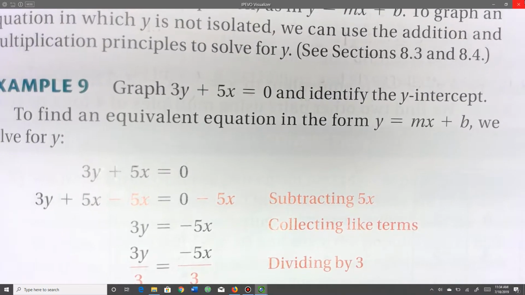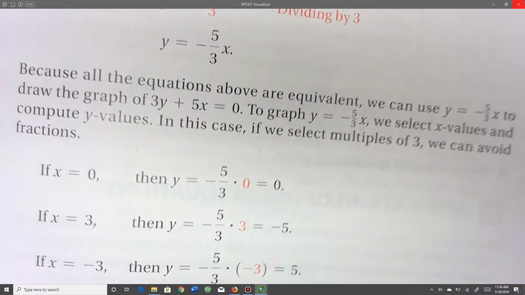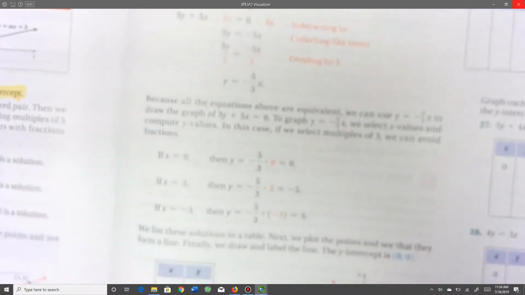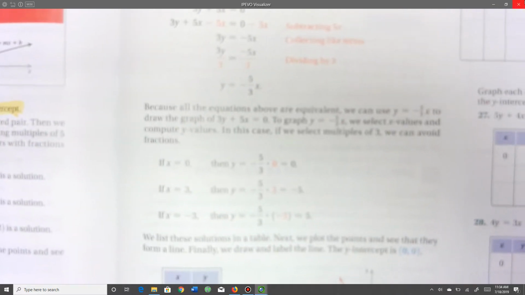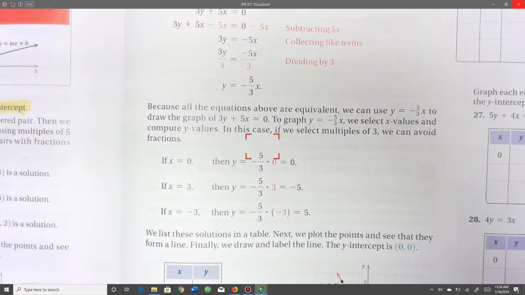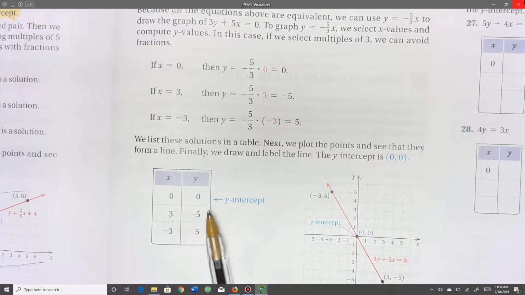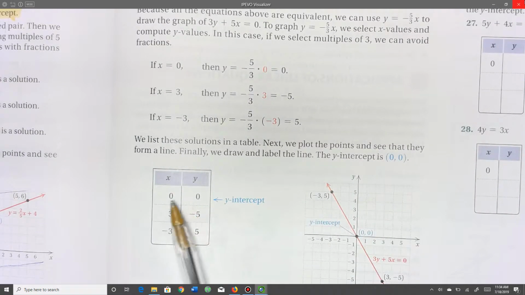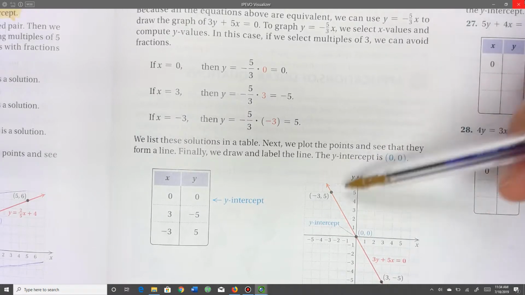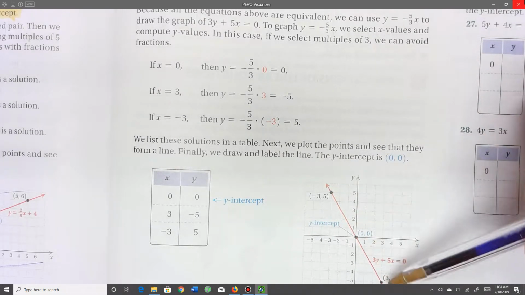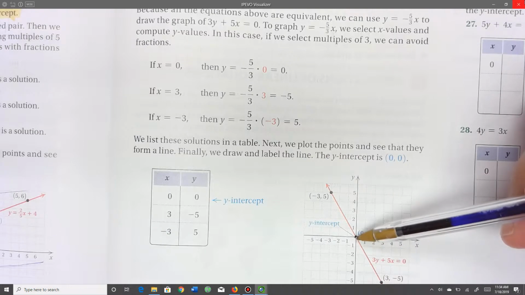So you don't have to find points like they did here, but if you want to, you can do that. That's exactly what they're trying to teach us here, that we can find all the points, and wherever your graph crosses the y-axis, that's going to be your y-intercept.